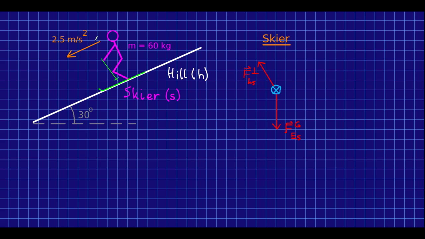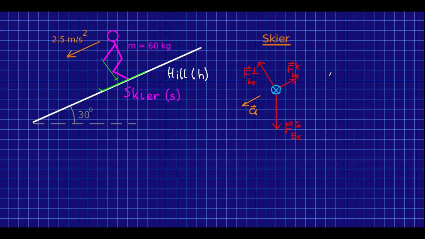The skier is going down the hill, so the friction force must be up the hill. And as always, I should draw the acceleration vector somewhere near the free body diagram. To do any calculations, I'm going to need to define components, and so I'll need to set axes.